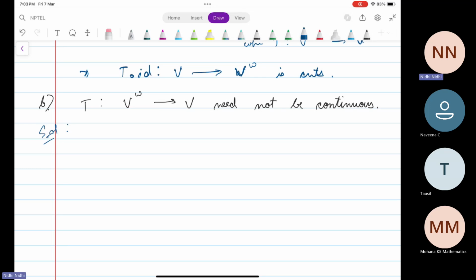If we give one example of such a T from V weak to V which is not continuous, we will be done. So I'll take T to be the identity. Let T be equal to the identity map from V weak to V.